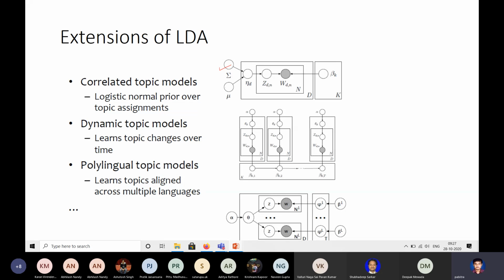But what we assume in LDA is that the topics are not correlated to each other. But also the topics can have some correlation among each other. So you have an additional parameter sigma, which is kind of the correlation or covariance among the topics.